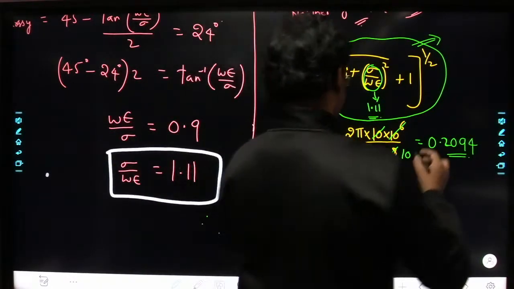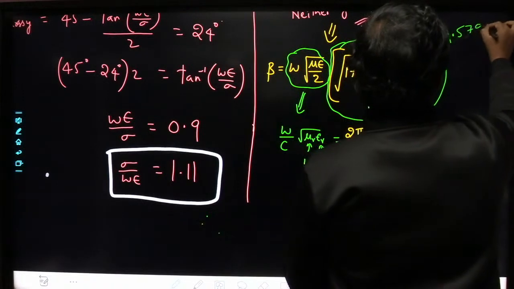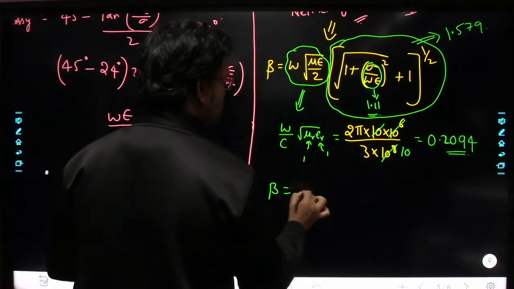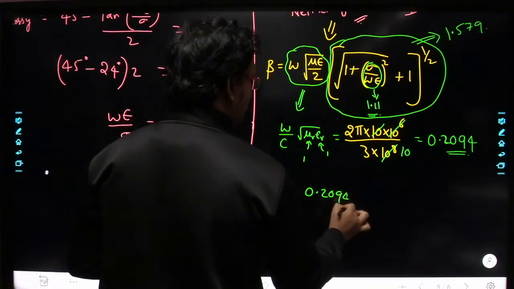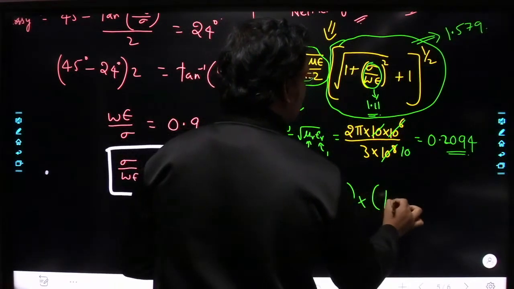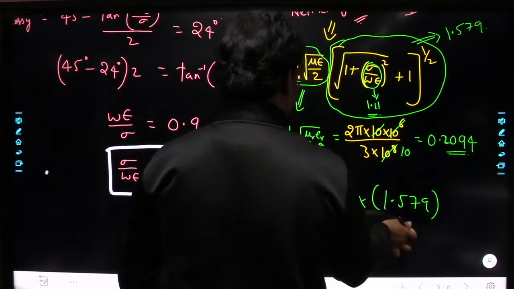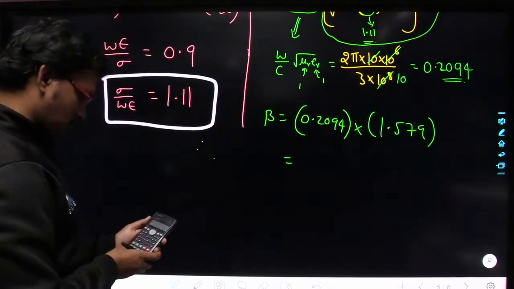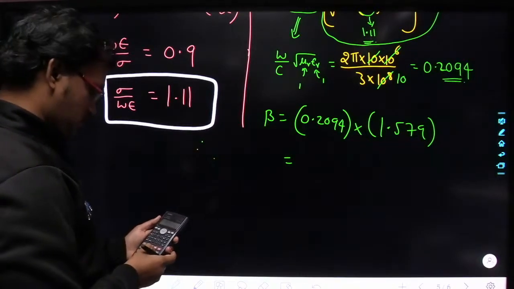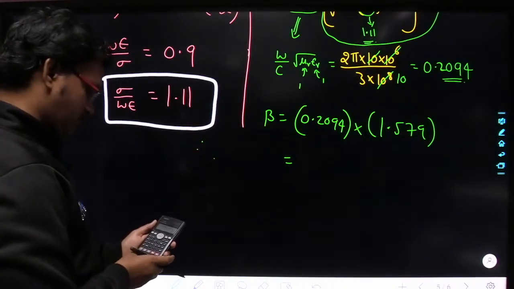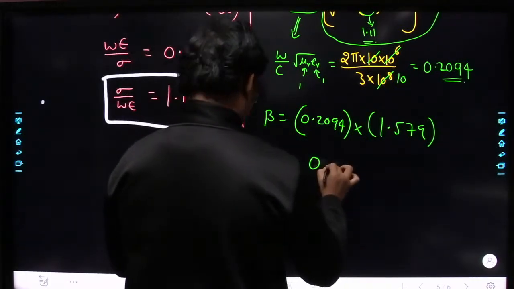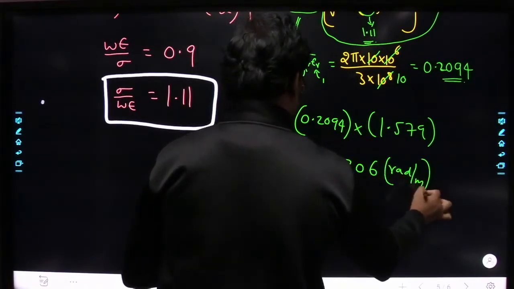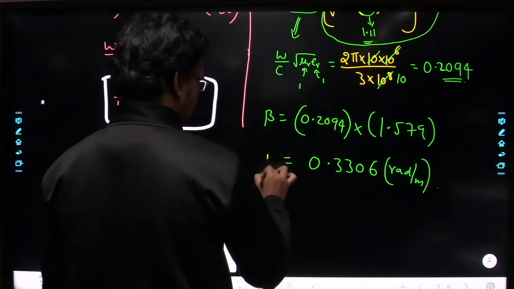You will get 1.579. So beta is equal to 0.2094 into 1.579, which gives 0.3306 radian per meter. This is the beta value.